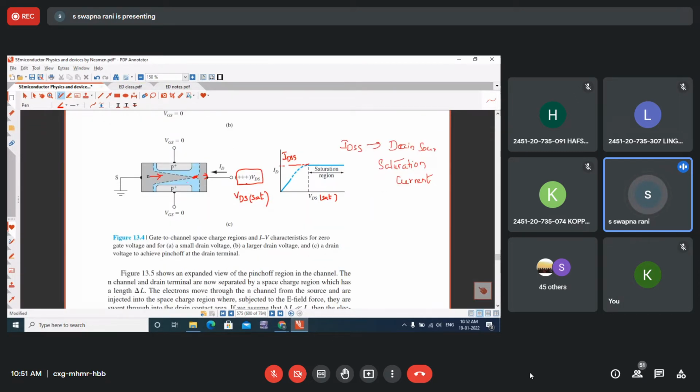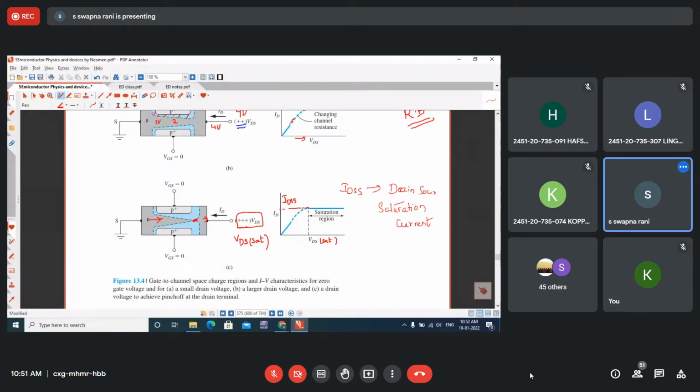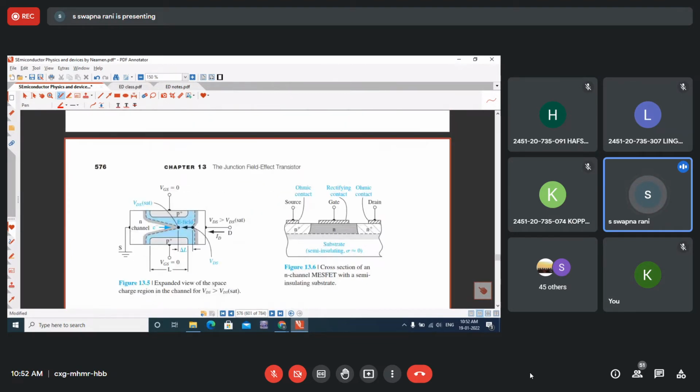So why is the current becoming constant? Whenever the depletion region is formed, an electric field will be developed across the depletion region. The direction of the electric field will always be opposite to the electron movement.